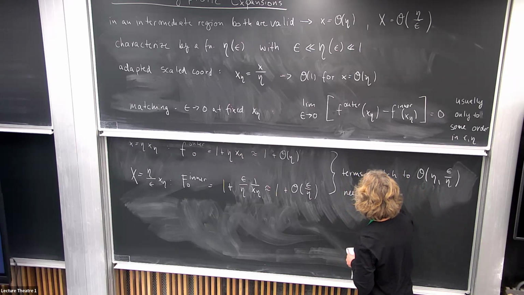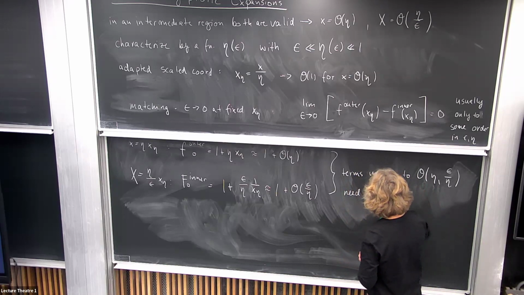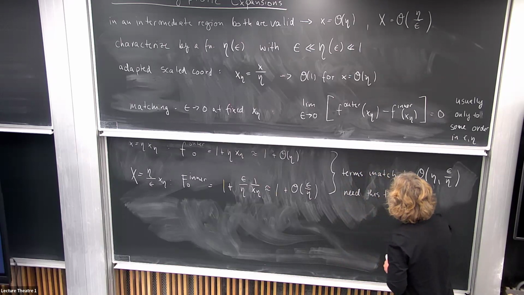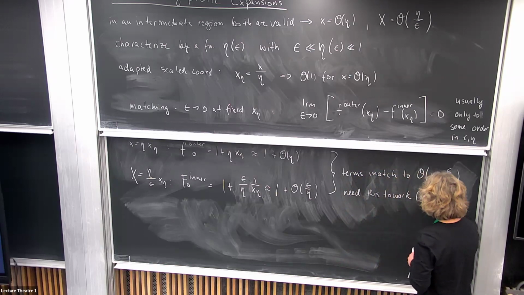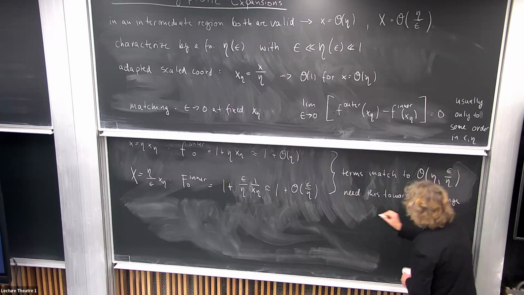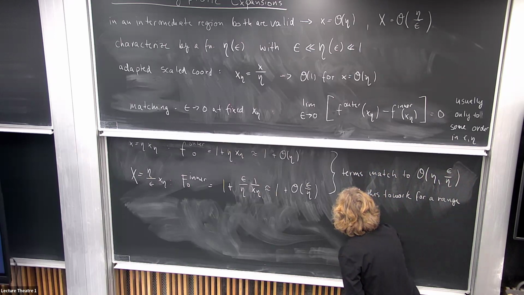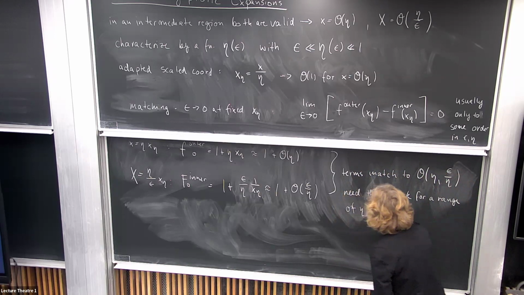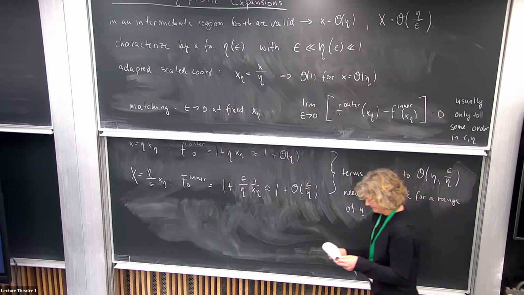Maybe also write this down so you have the record: range of eta. And this is the case in our example.